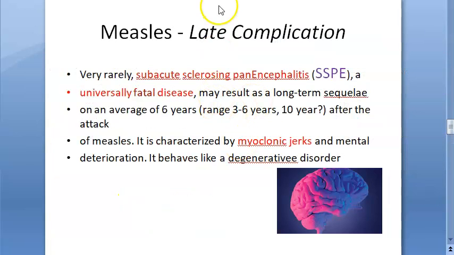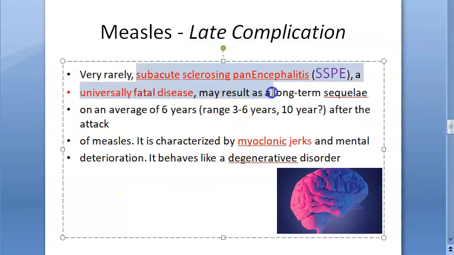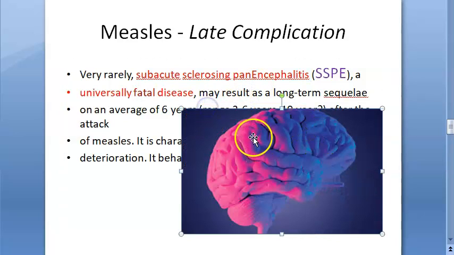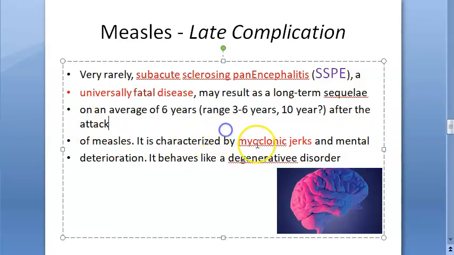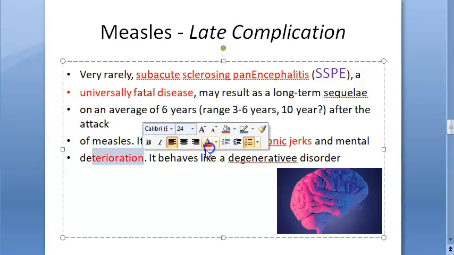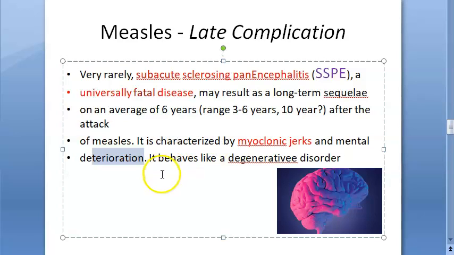Then let us look at the late complications of measles. There can be subacute sclerosing panencephalitis. This you have to write in the exam, SSPE. It is a universally fatal disease. It's really sad, right? There can be myoclonic jerks here. Mental deterioration. It behaves like a degenerative disorder, they are telling.